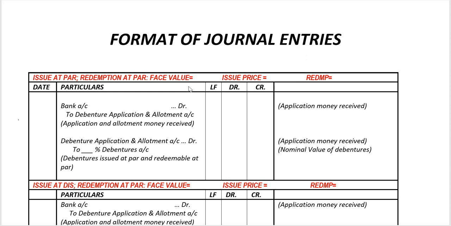Let's check out the format of the journal entry in each of the 6 cases. The assumption is that the entire amount is payable in lump sum, and we will deal with only one debenture. So let's begin with case 1.